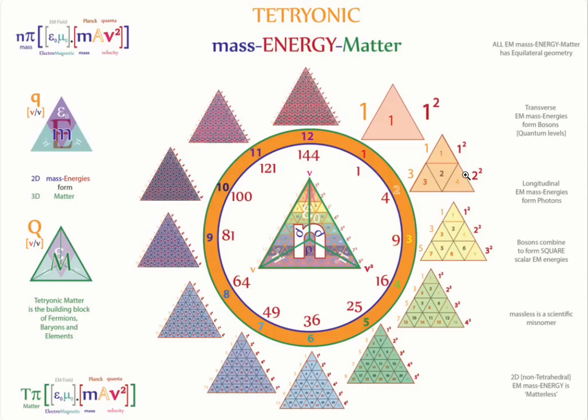Again, they're added as odd-numbered bosons to each level to create square-numbered scalar energies or mass energies, where the energy is measured in a unit of time. It goes from being a scalar energy to being a scalar mass measurement. So in this case we can now state the difference between mass and energies as being just the unit of measurement, the measurement of energy per unit of time.